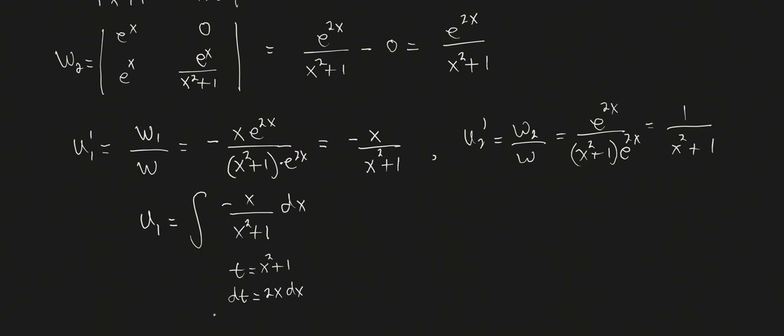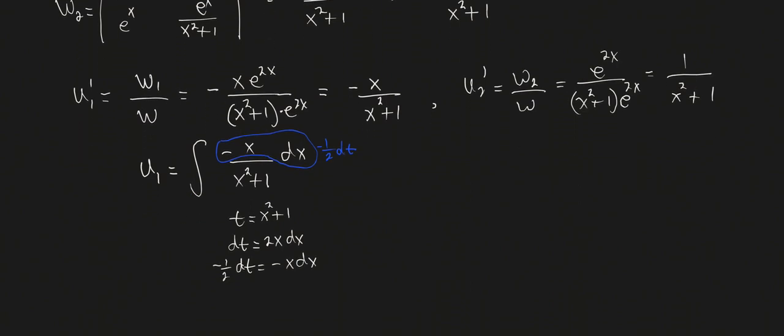What I can do is multiply this by negative 1/2 and get this. So negative 1/2 dt is negative x dx. So I can replace this differential by negative 1/2 dt. And then obviously the denominator here is my t.